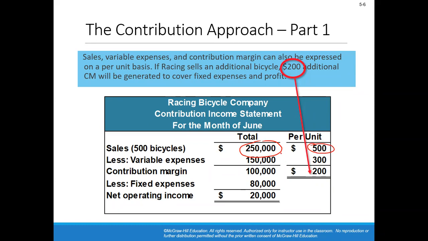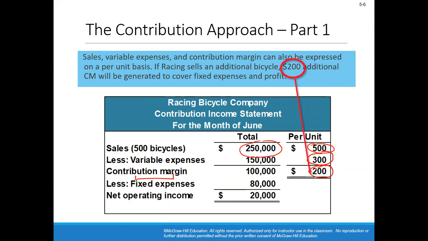If we divide the variable expenses by the number of bicycles, the variable expense per bicycle is 300. So the remaining 200 indicates the contribution margin.